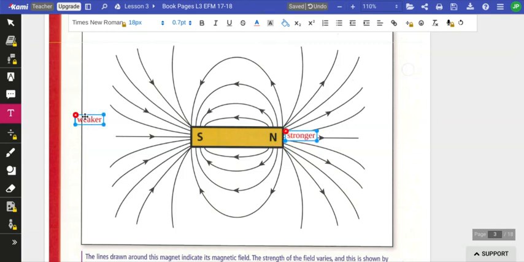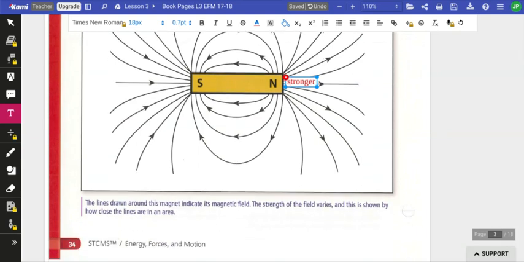Where the lines are farther apart, the magnetic force is weaker. Here in the center of the bar, it's going to be weaker than the poles, and the farther out you go, the weaker it gets. The strength of the force determines how much it influences a magnetic material.